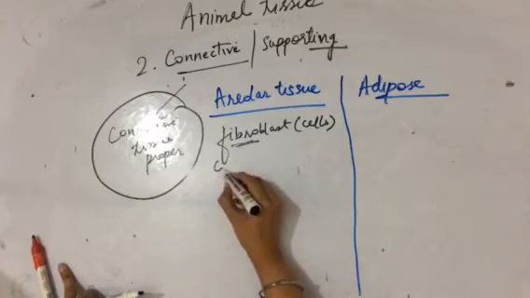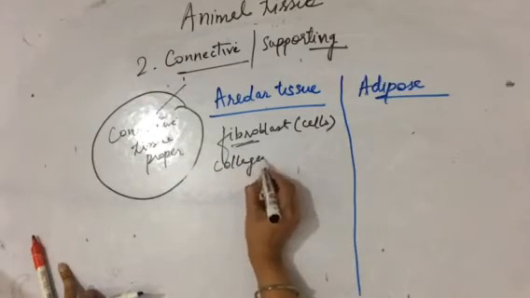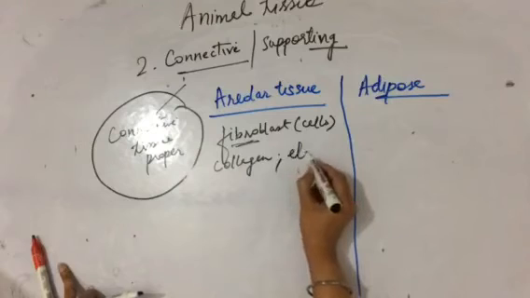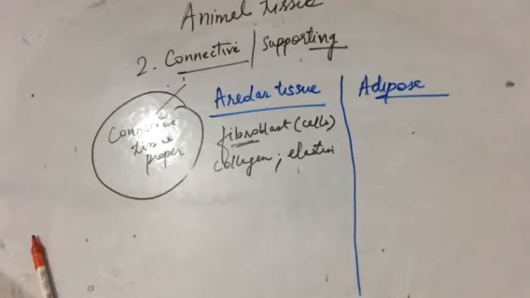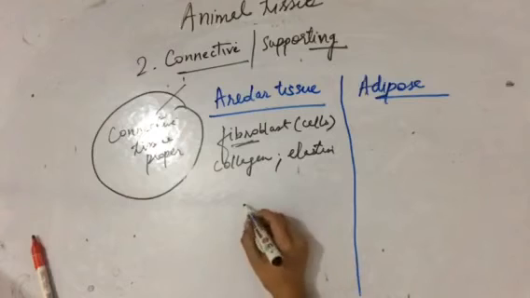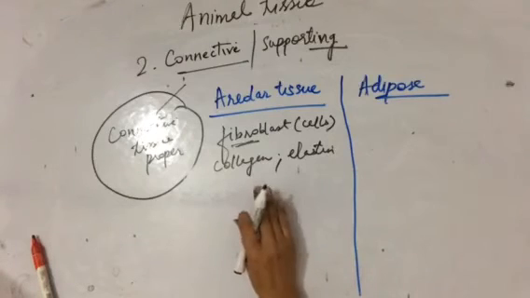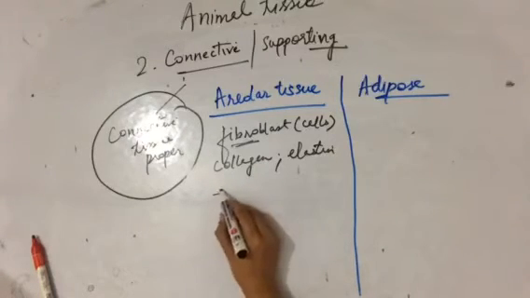One is collagen. Another one is elastin. In areolar tissue, collagen and elastin both are present. Okay. And where is this areolar tissue present?